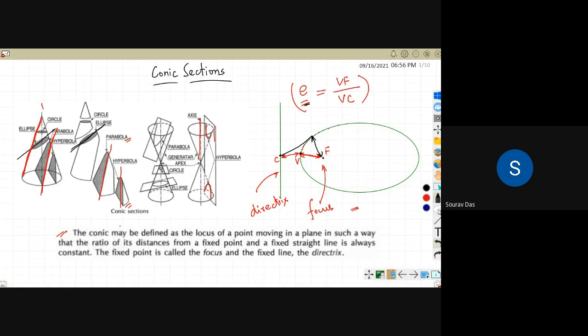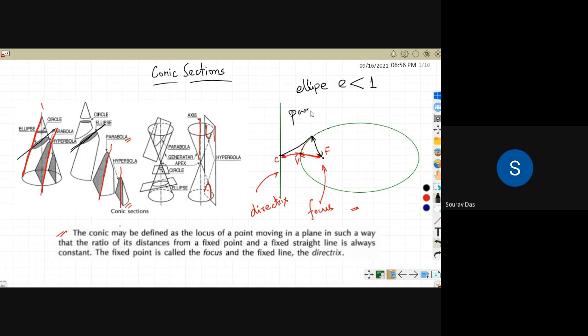For eccentricity, if it is an ellipse, then E will always be less than 1.